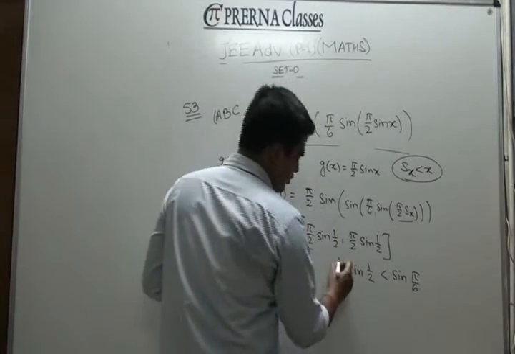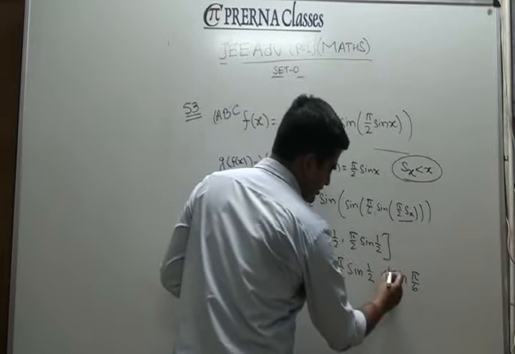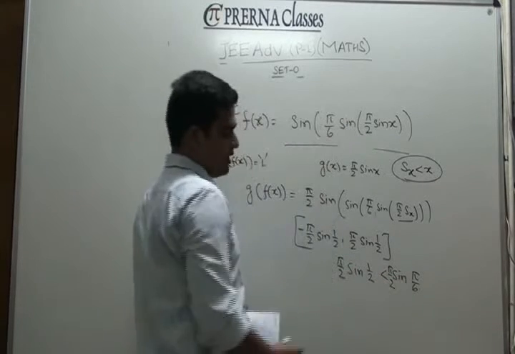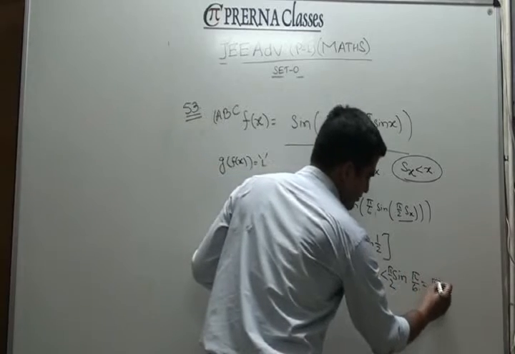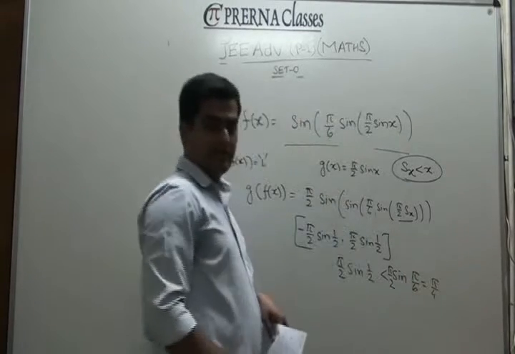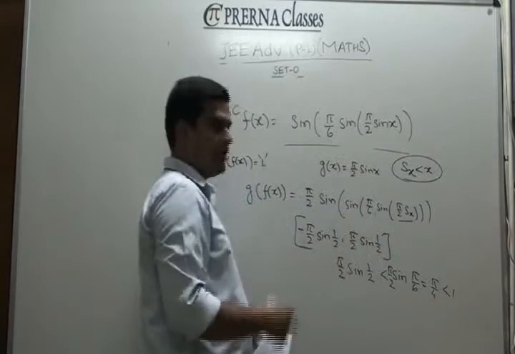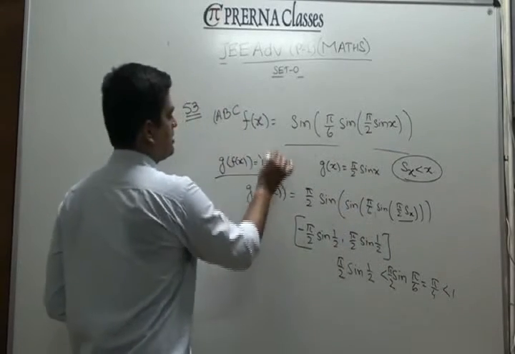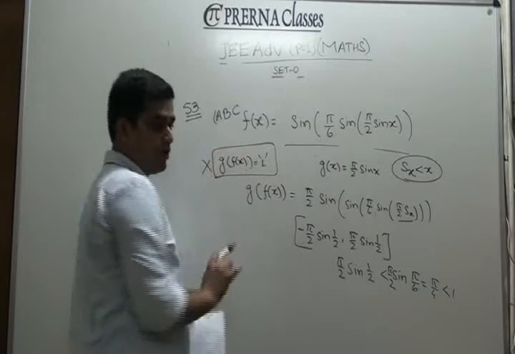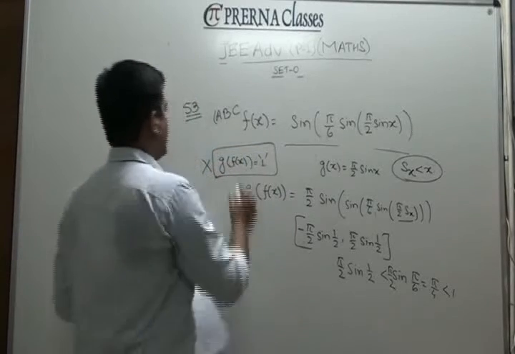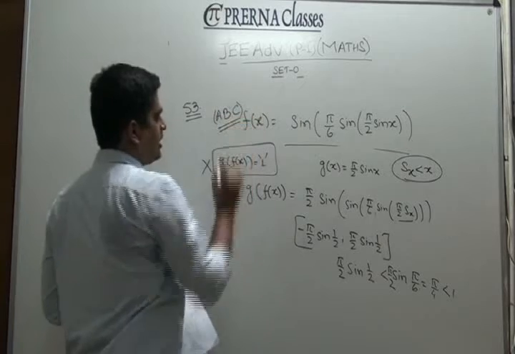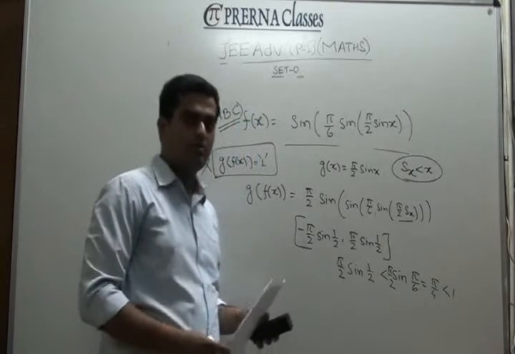Since that is correct, obviously then pi by 2 times this expression is also going to work, which you can check. This becomes pi by 4, which is a fraction. Obviously then you can claim that the upper limit of that range is lesser than 1. Obviously then this statement is not going to work for even a single real x. Clearly then D is going to be incorrect and A, B, C are going to be the correct set of options.